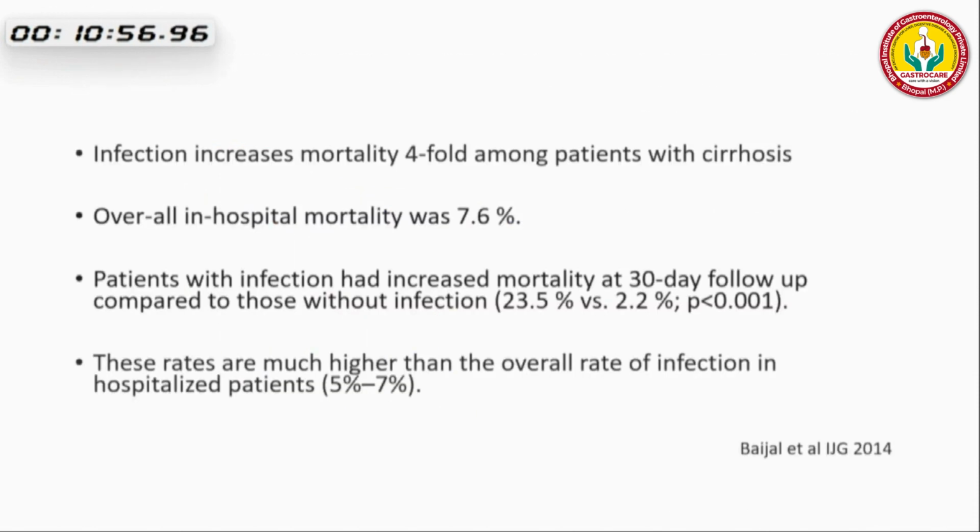The mortality is almost fourfold as compared to those who do not have infection. The 30-day mortality because of infection is 23%, versus those who do not have infection, where the mortality is only about 2%.